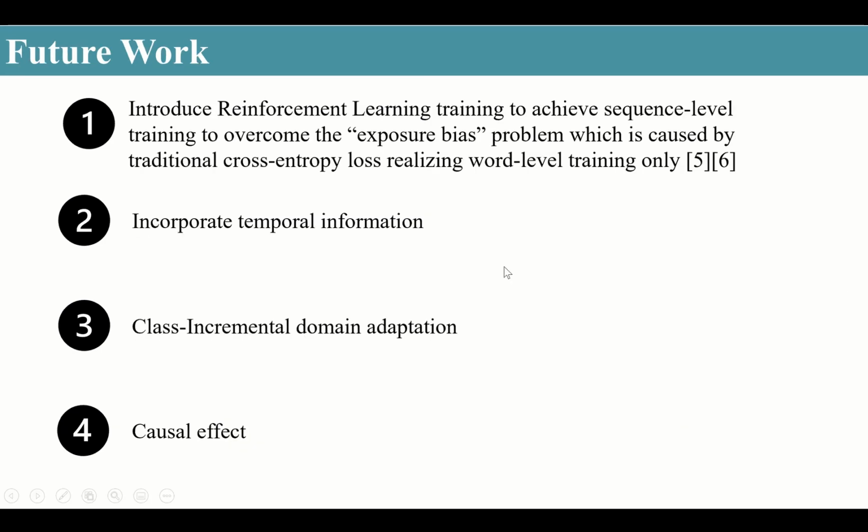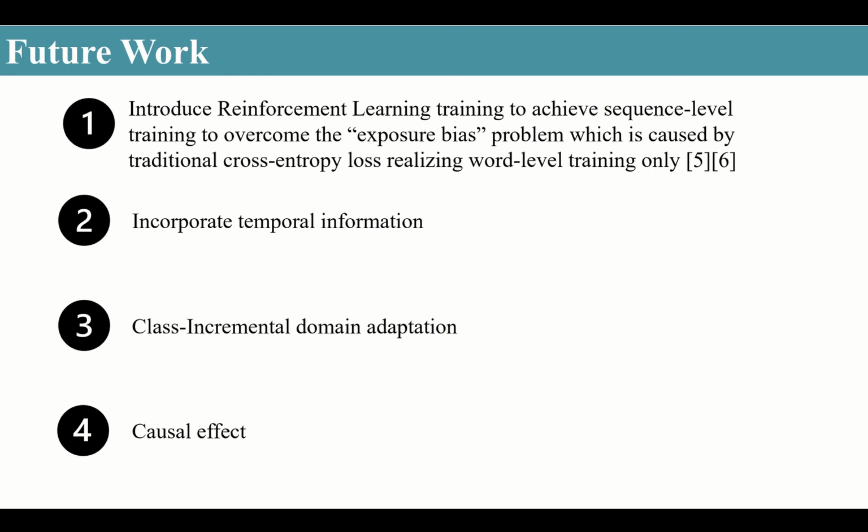These are our future work. Sometimes we observe the predicted captions and find that there are redundant words at the end of the predicted sentence, which may be caused by the exposure bias problem and the word-level training using the traditional cross entropy loss. This problem will be solved by introducing a reinforcement learning training technique to achieve sequence-level training and fine-tune the sequence generation.